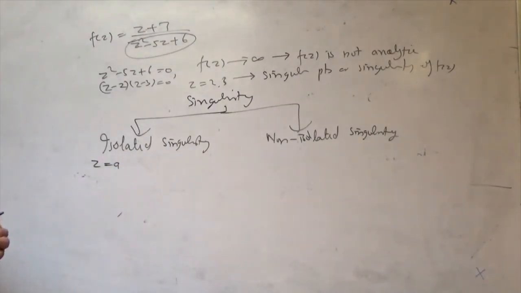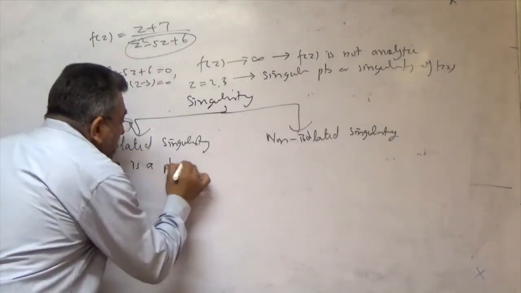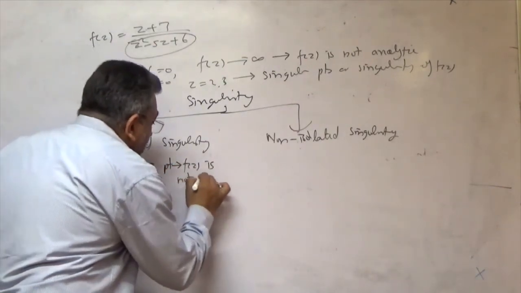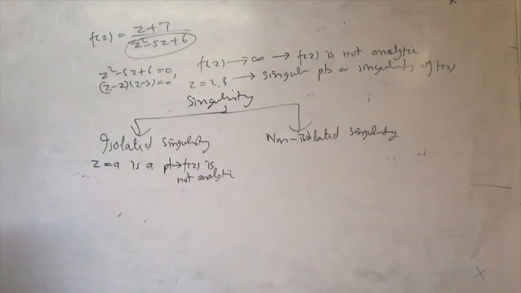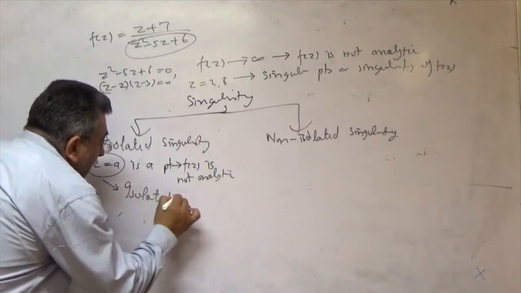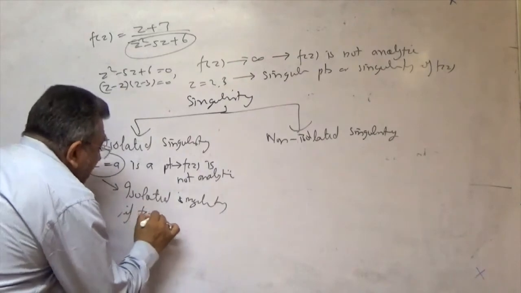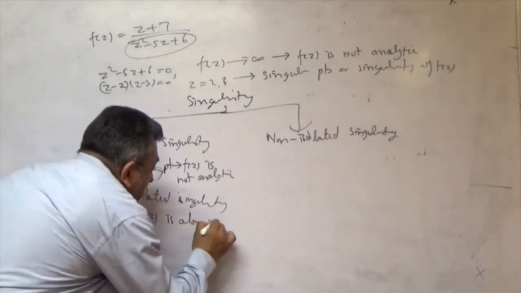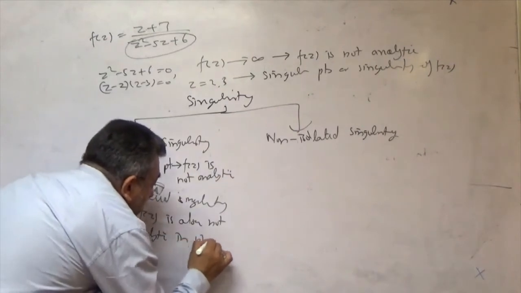If z equal to a is a point at which f(z) is not analytic, then this is an isolated singularity if f(z) is analytic in the neighborhood of a.